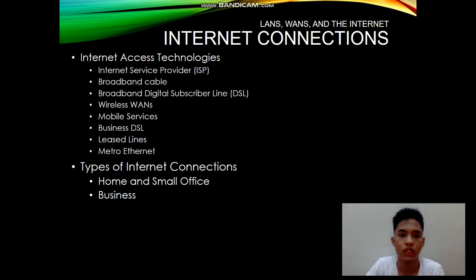Internet connections and internet access technologies: we have internet service providers or ISP, broadband cable, broadband digital subscriber line or DSL, wireless LANs, mobile services, business DSL, leased lines, and Metro Ethernet. Types of internet connections: home and small office, and business.